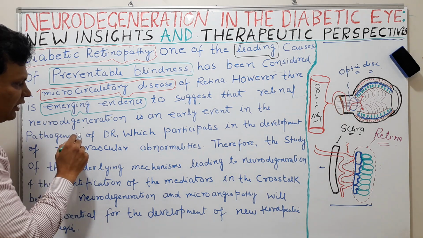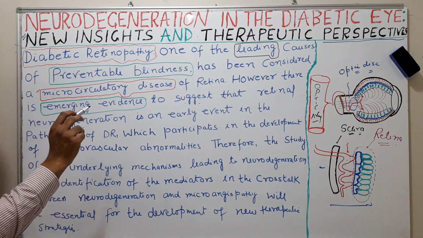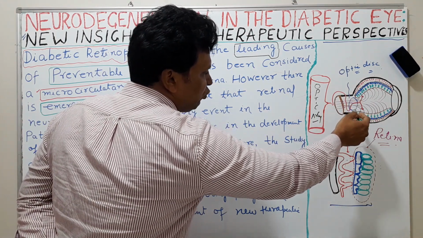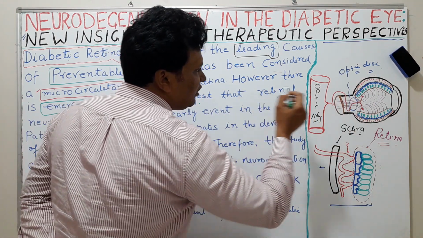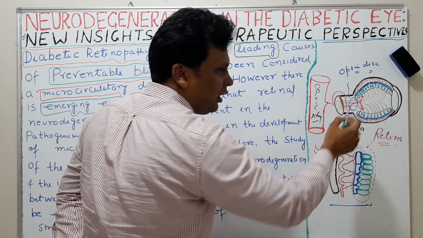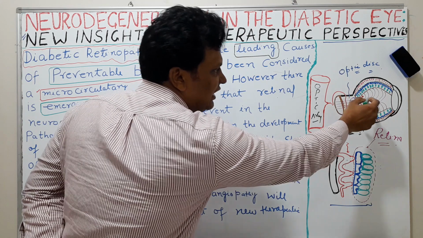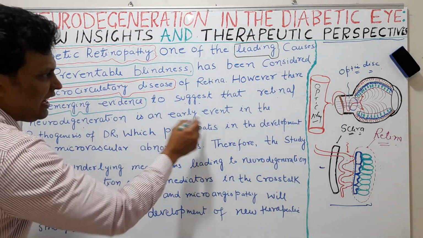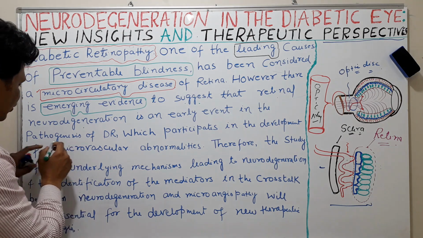This is the nerve fiber passing from the optic disc. So you can say retinal neurodegeneration means damage to the nerve in the eye. Damage to the nerve in the eye is an early event in the pathogenesis.